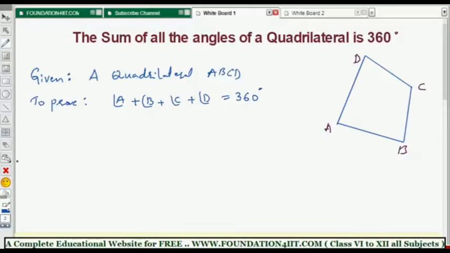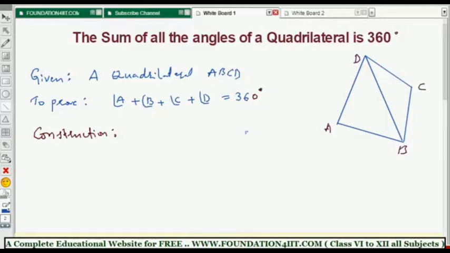And we need to do some small construction here to prove the theorem. So for construction, we need to join any one of the diagonals. I am joining the vertices B and D. Then there are two triangles, because the theorem concept is from triangles.